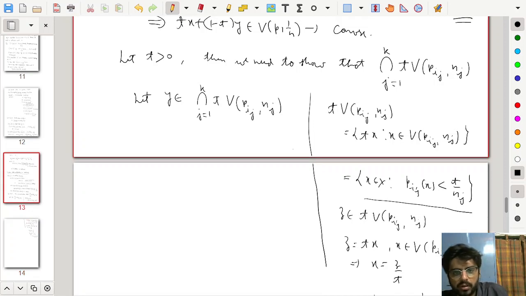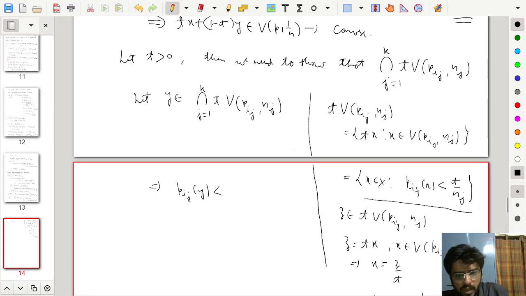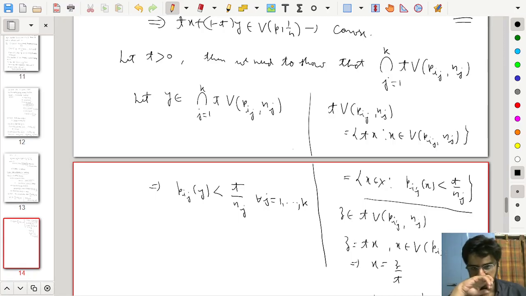So let y belong to this set. This implies p_{i_j}(y) is strictly less than t/n_j for all j equal to 1 up to k, right? Next, how do we do this?